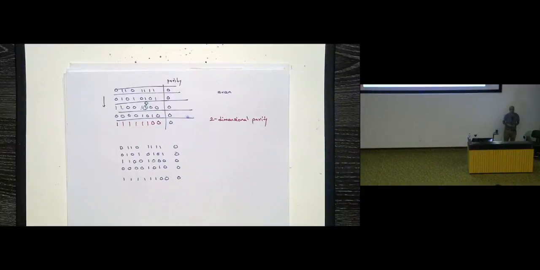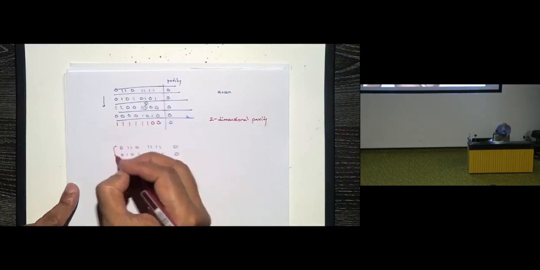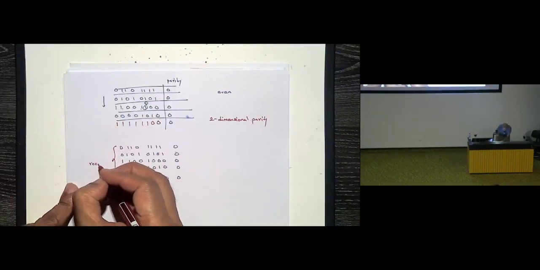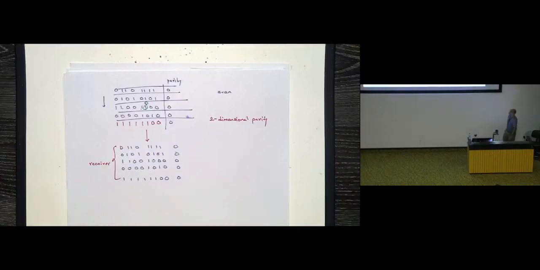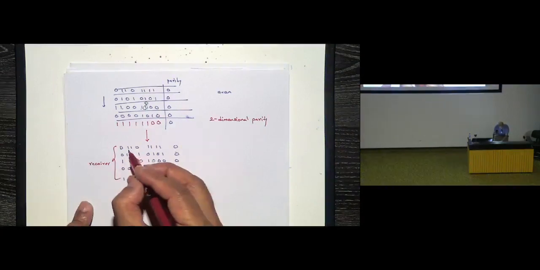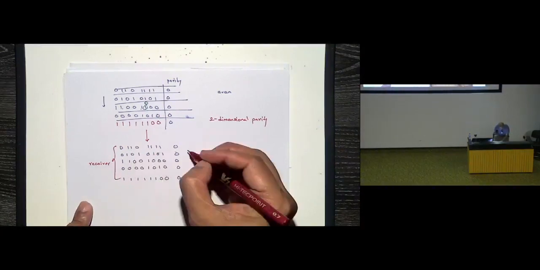So now I will check at the receiver. This is what we have received. So we go every row, 1, 2, 3, 4, 5, 6.